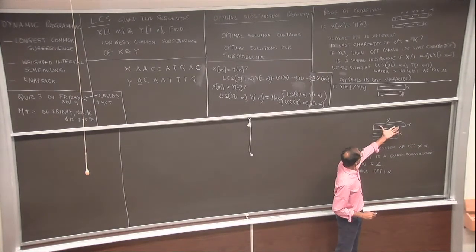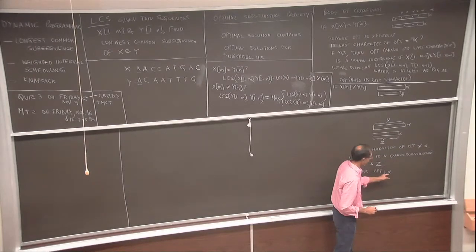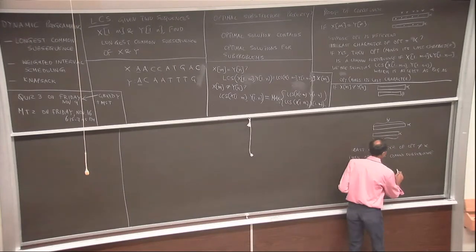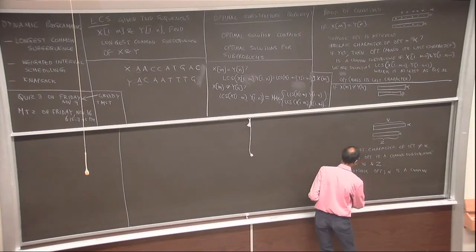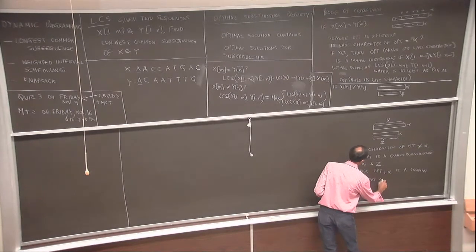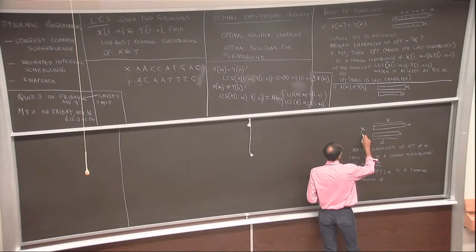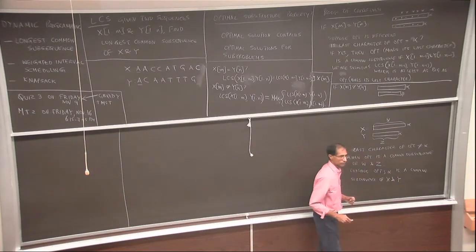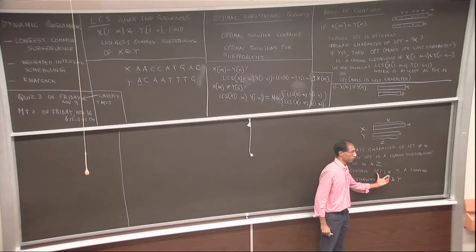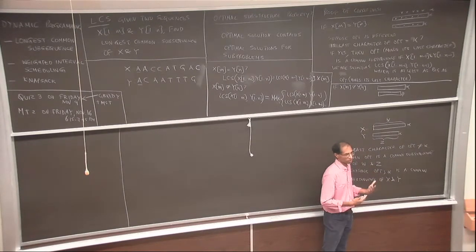So opt occurs here, and then let's say I add alpha. Opt also occurs here, and then I add alpha. Then you agree that opt followed by alpha is a common subsequence of x and y. But what is the length of opt followed by alpha? It's opt plus 1. So that's a contradiction.